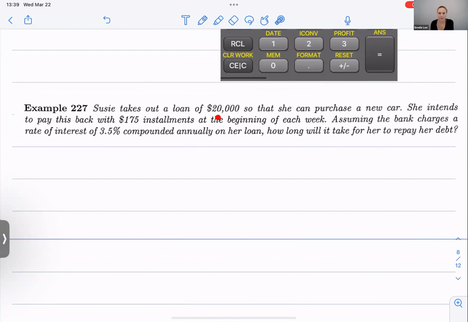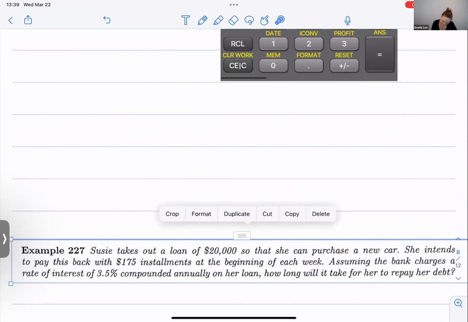Susie takes out a loan of $20,000 so that she can purchase a new car. She intends to pay this back with $175 installments at the beginning of each week. Okay. Assuming the bank charges a rate of interest of 3.5% compounded annually on her loan, how long will it take for her to repay her debt? Okay. And so what I want to do again is just solve it by hand and solve it using the calculator.